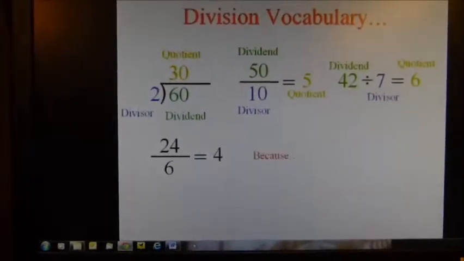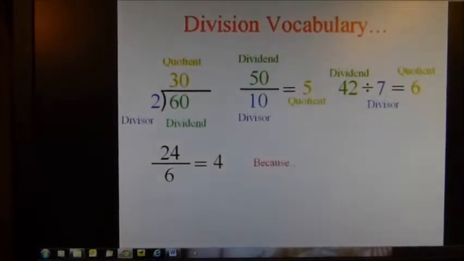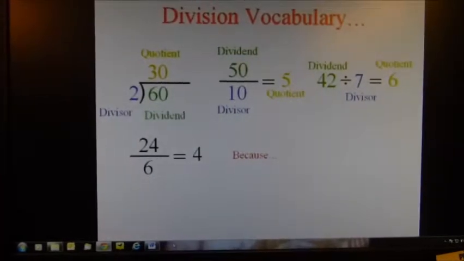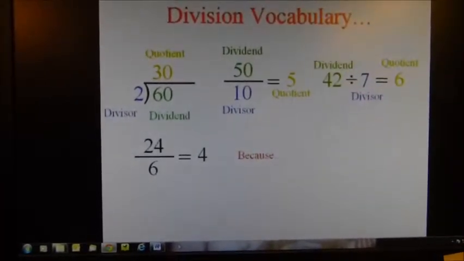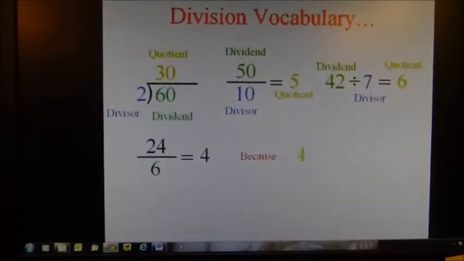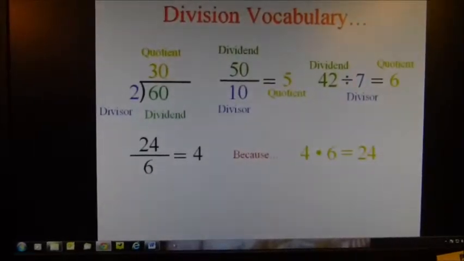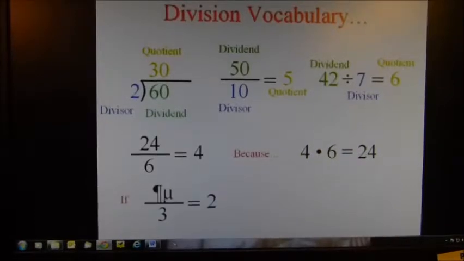In something like this, we say that 24 over 6 is 24 divided by 6, because that's what a fraction is. 24 over 6 equals 4 because, you can work backwards, 4 times 6 equals 24.